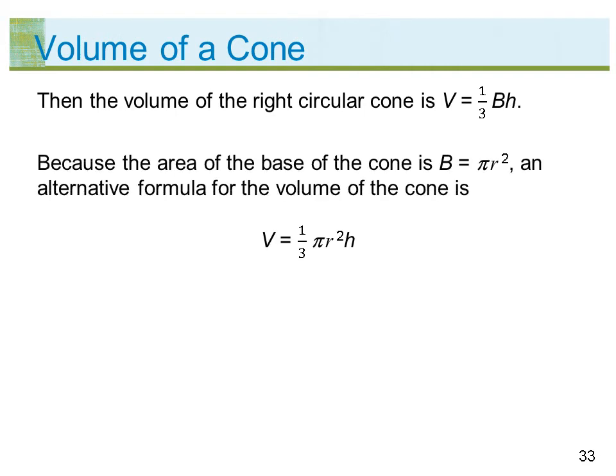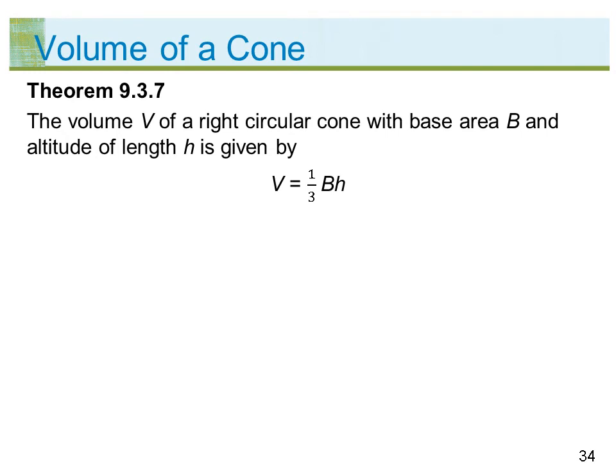Because the area of the base of the cone is capital B equals πr², an alternative formula for the volume of the cone is capital V equals 1/3 πr²h. We state this result as a theorem. Theorem 9.3.7.